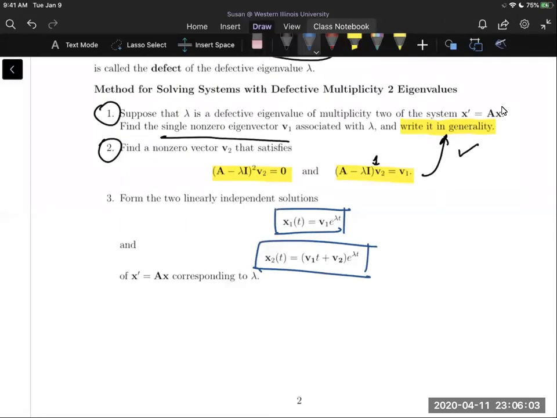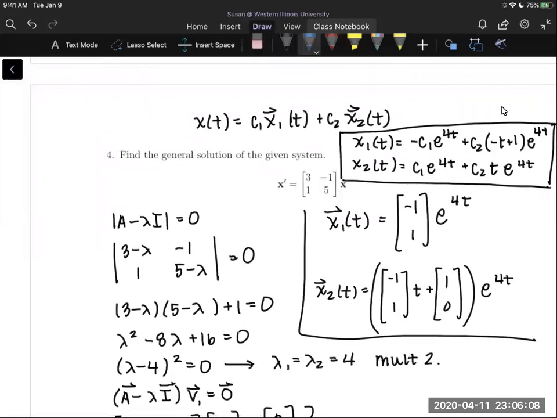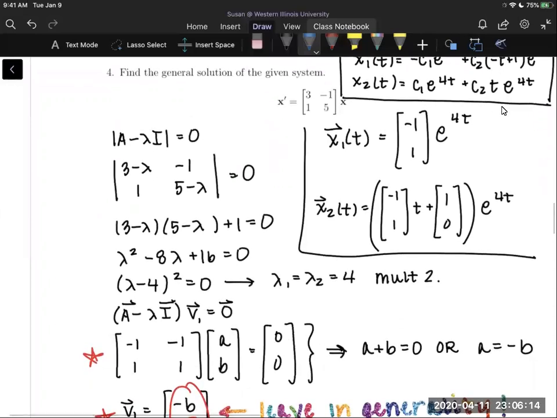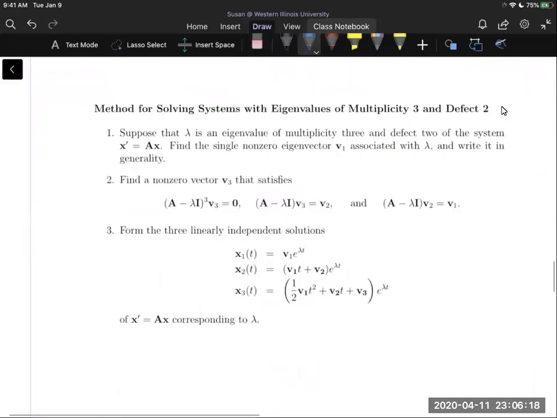So we had completed example 4 here in the notes in the previous video, and this was working with a system that had an eigenvalue of multiplicity 2, but defect 1. What we'd like to do in this video is to understand how we can handle this situation if we have an eigenvalue that is defective of order 2.